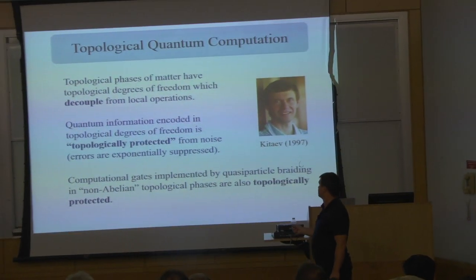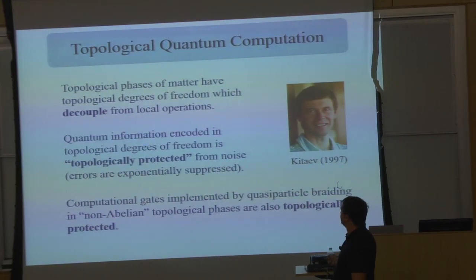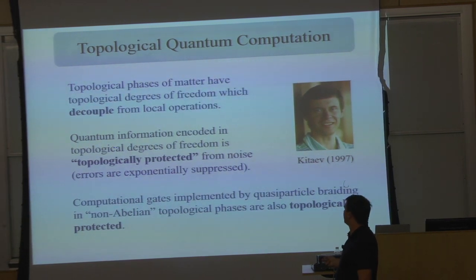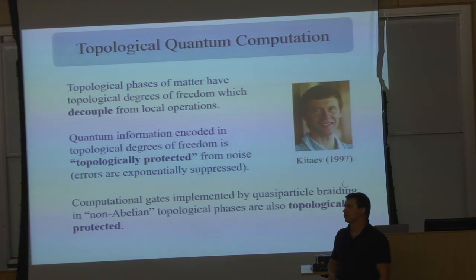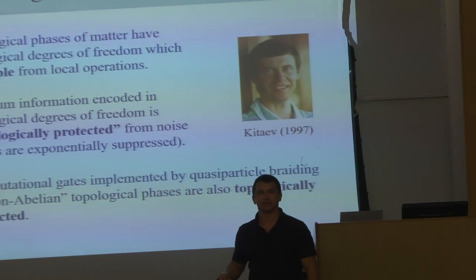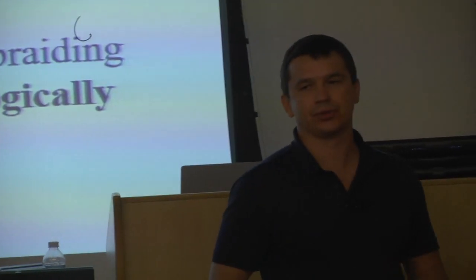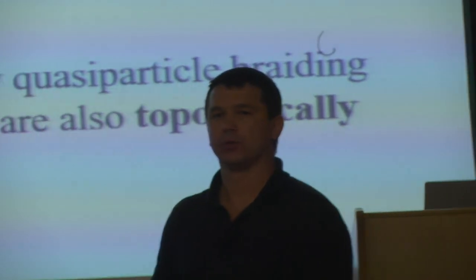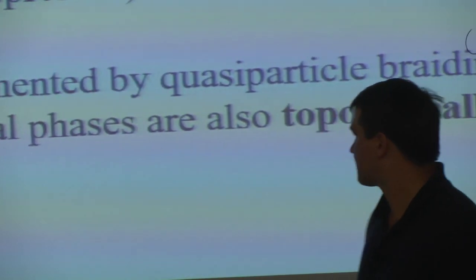More precisely, we first try to find topological phases of matter. These are very specific phases of matter, called non-abelian phases of matter. And then we try to manipulate certain excitations in these phases of matter, which are called anyons, non-abelian anyons. By doing certain non-local manipulations over the degenerate manifold in this topological phase of matter, one can do quantum computation.